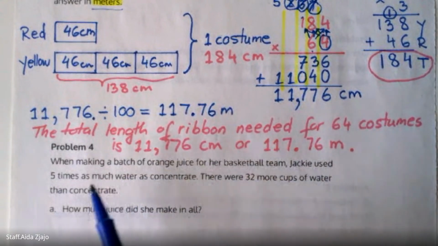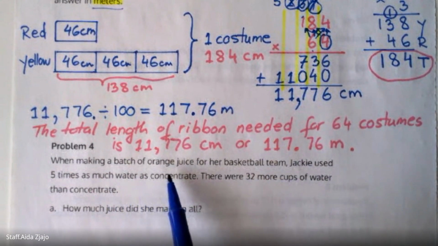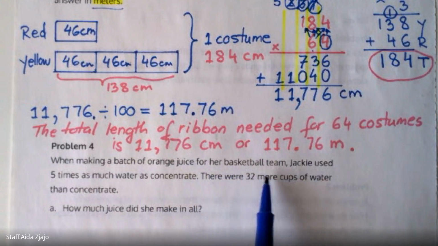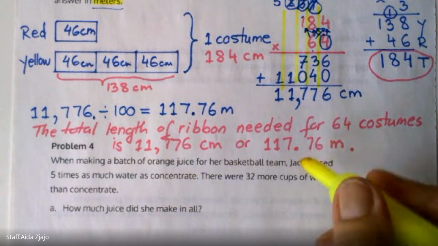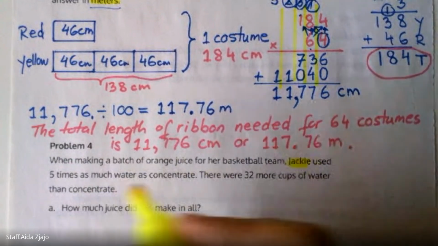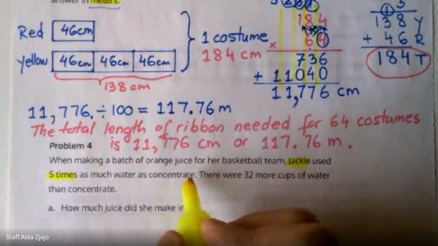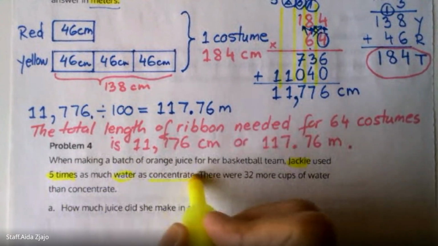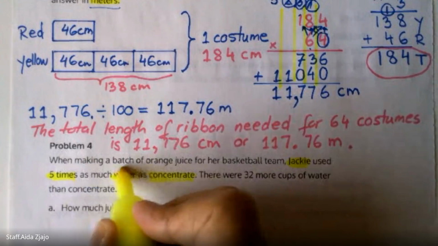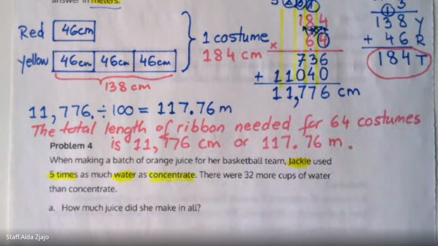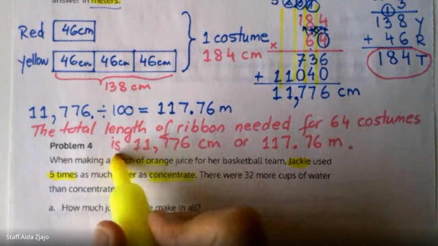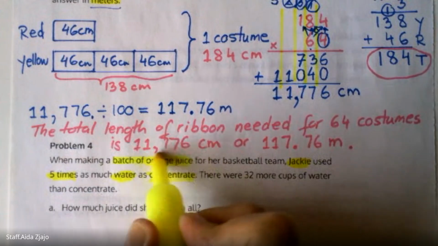Number 4. When making a batch of orange juice for her basketball team, Jackie used 5 times as much water as concentrate. So water plus very thick concentrate, and she will make a batch of orange juice.